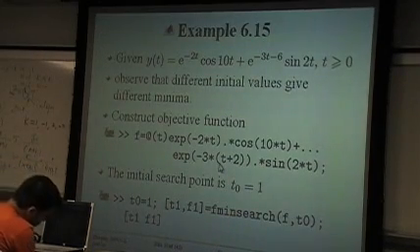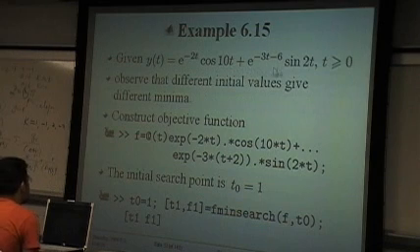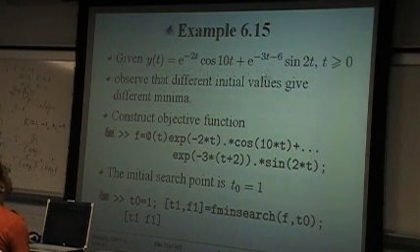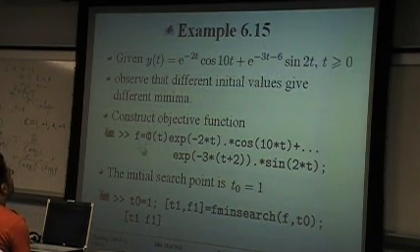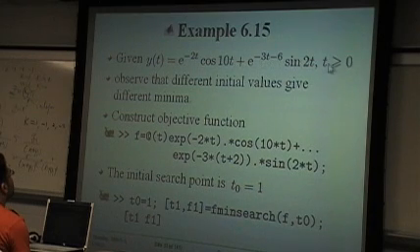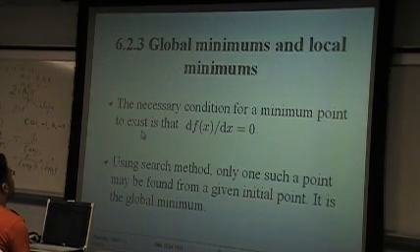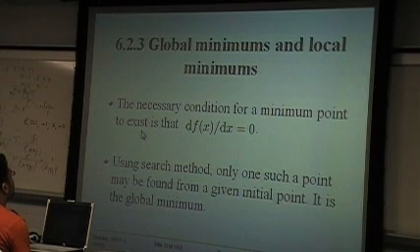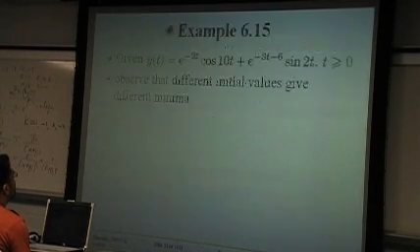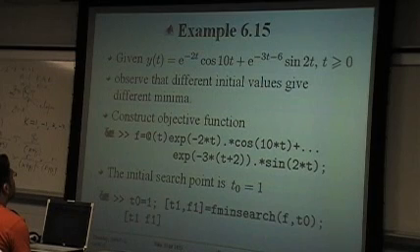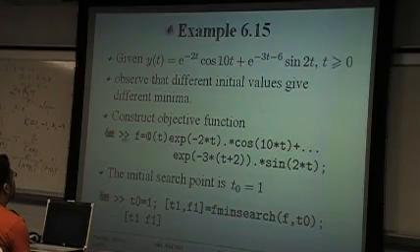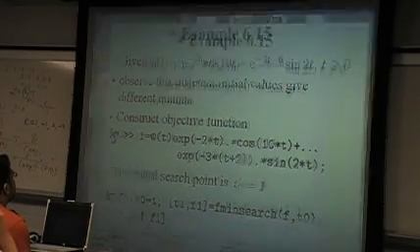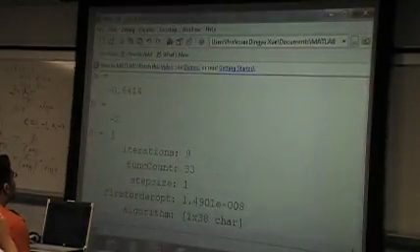And now let's see this example. Let's draw this curve. Again, actually I have already drawn this curve before. We can draw this curve again and show the idea of global minimum or local minimum. I have to use ezplot to draw the curve.